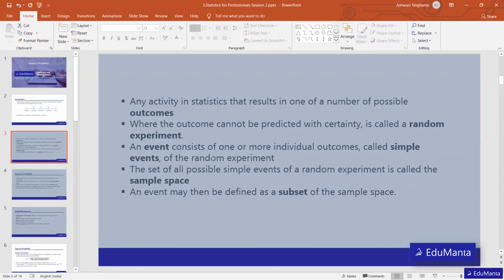All these possible outcomes are called the sample space. If I say I want only even numbers when I roll the dice, these even numbers are a subset of the sample space. I hope these terms are clear to you all.